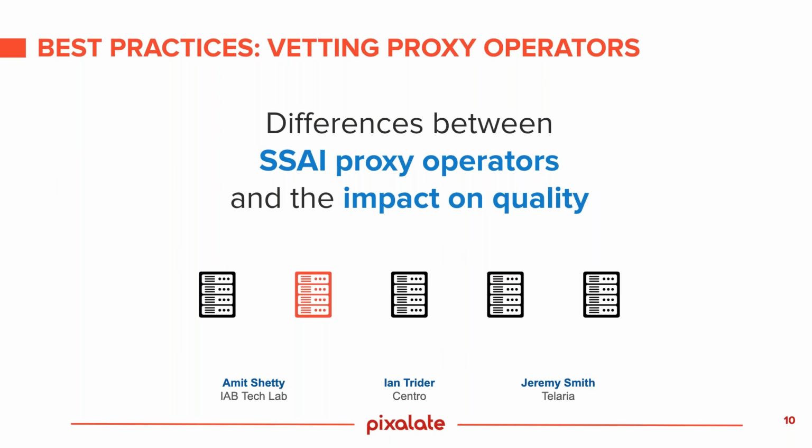Absolutely. Jeremy, let me turn it over to you to get your take on this. Yeah, I would agree with Ian. I think for us, the two big things are understanding the vendor, the proxy that they're working with, because there's a whole host of different partners that they leverage. And the other is the differences between client-side and server-side pixel firing, because that makes a big difference in terms of the quality of the data.